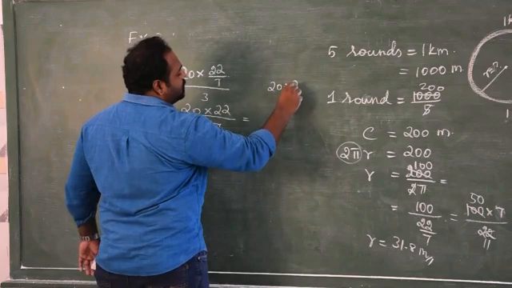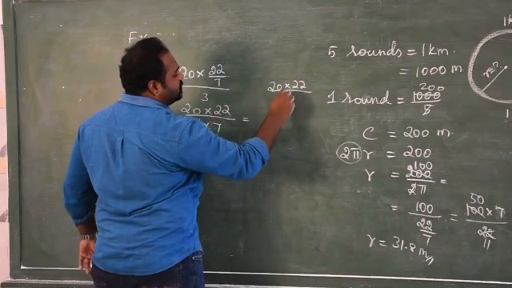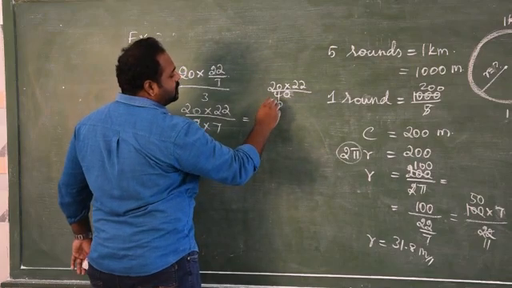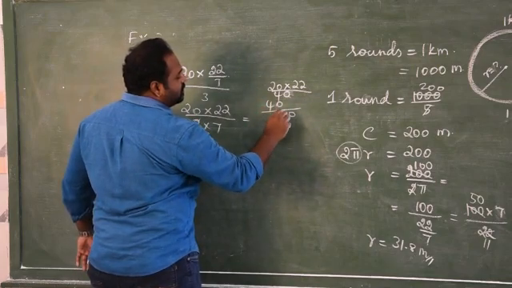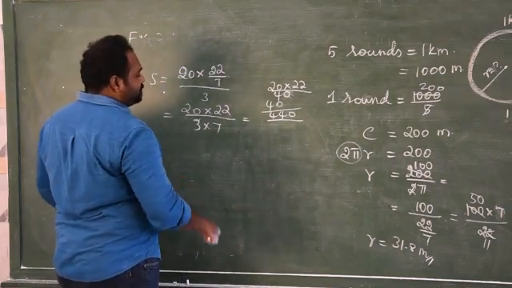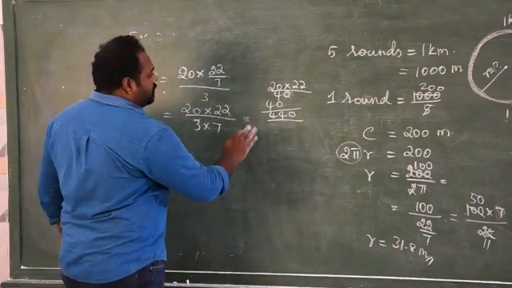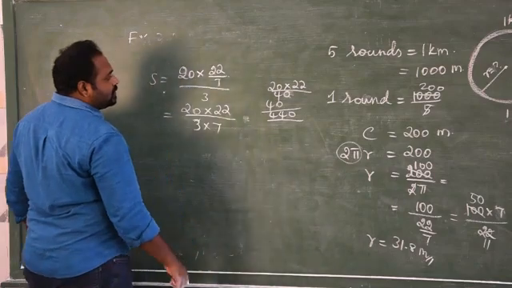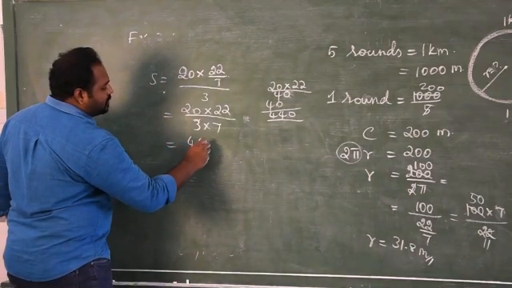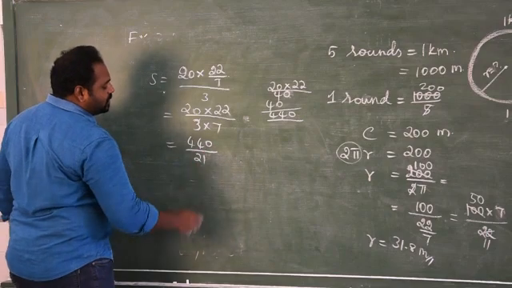20 into 22 is 0, 4, this is 0, 4. So this is 440, divided by 21.